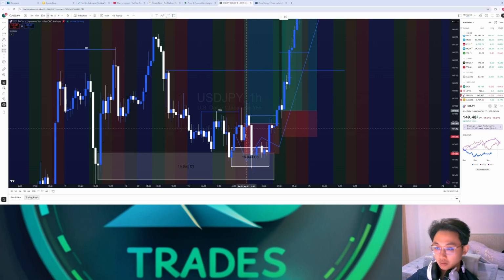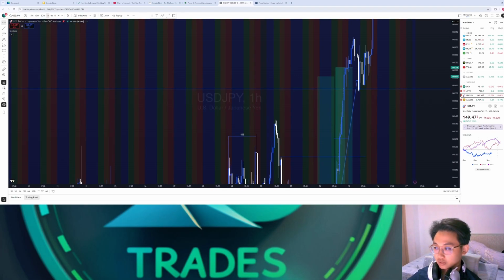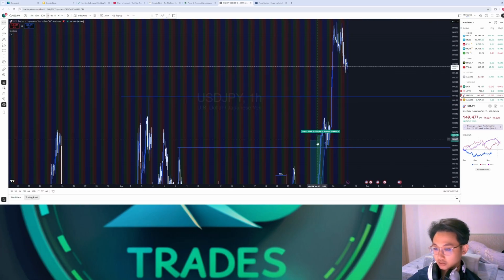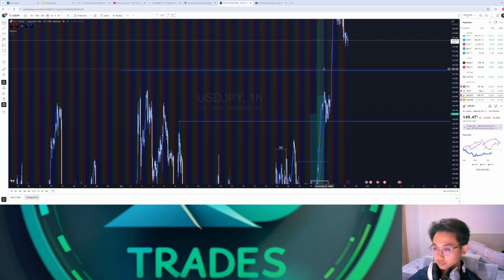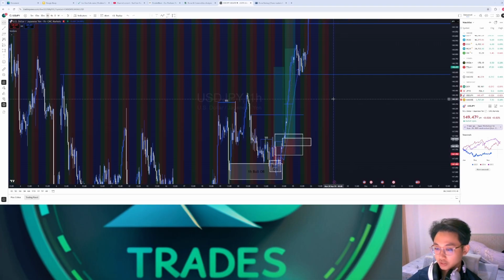So you can see actually there's a 1-hour bullish OB, bullish fair value gap overlap. So when you retest it, we can enter for buys, right, to target this drawn liquidity, or even this price action just shoots all the way up. Yep, for your 1:12. So that's what we can look out for.